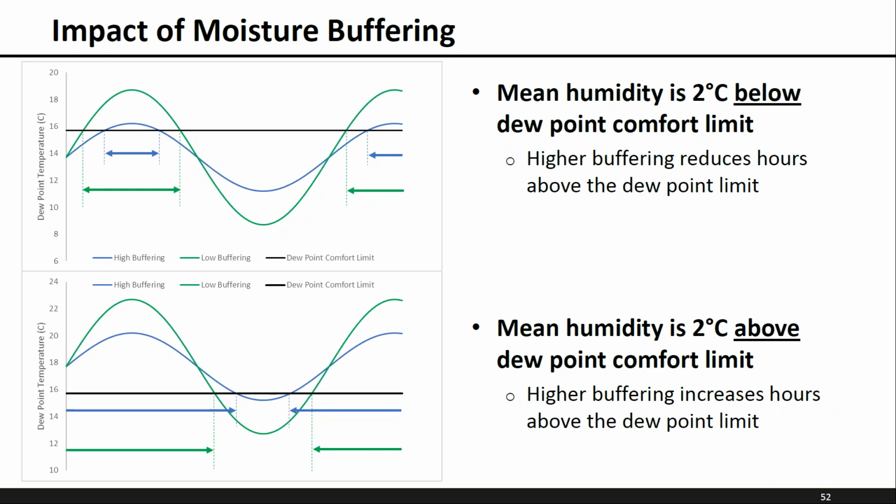It's really difficult to make overall generic statements about how those systems are going to affect humidity and how their efficiency is going to vary. So my opinion is you can't make a blanket statement on that.